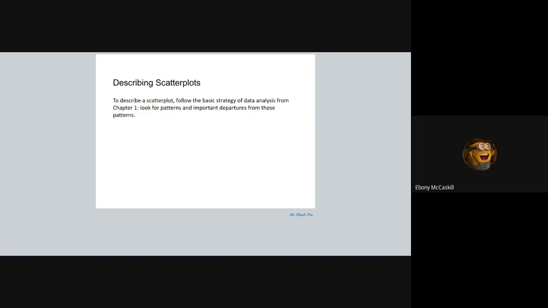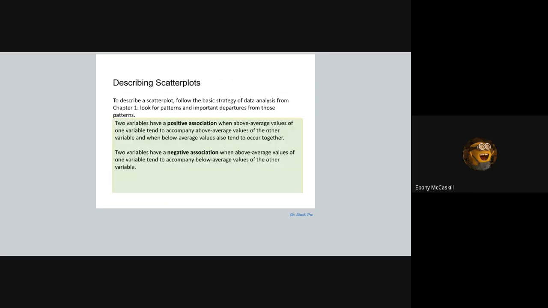Now, in order to describe scatter plots, this was a bit more important. In order to describe it, we first want to talk about whether or not it has a positive or negative association. So a positive association means that it trends upward, whereas a negative association means that it trends downward. So if you're in your notes, you have a whole bunch of words, right? The word positive, I'm going to write upwards. I'm going to put a whole bunch of dots that's going up.